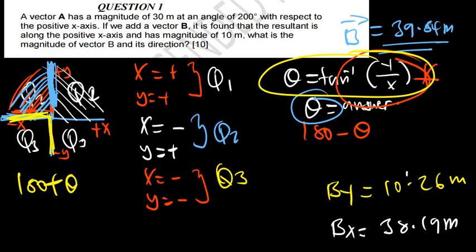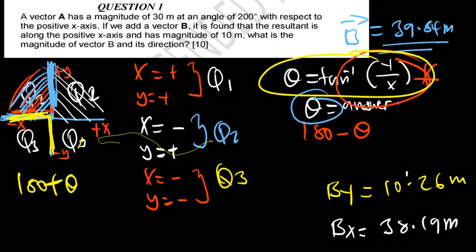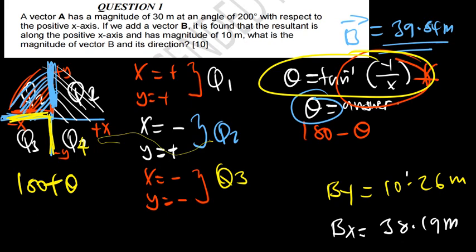Is that okay? Can you do the last one, the fourth quadrant? If x is positive, y is negative, definitely it has to be in the fourth quadrant. What do we do if the vector falls in the fourth quadrant?